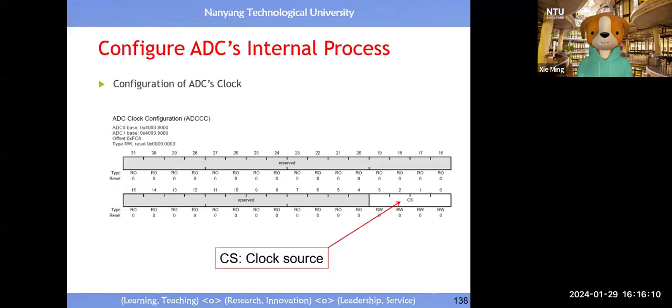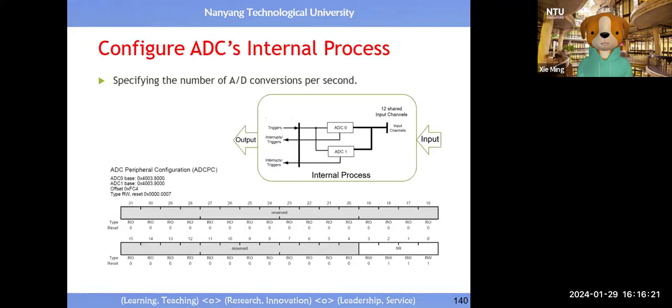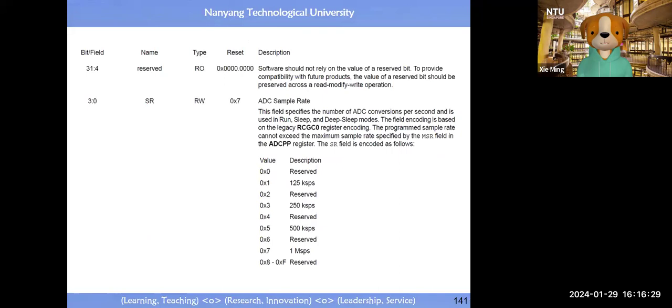Internal process: choose the sampling type and frequency of the clock. So just follow here, you can select the frequency of doing the sampling, etc. Right? And here you also specify how many conversions per second you can do. Now you can see the speed. The maximum speed is what you look at here.